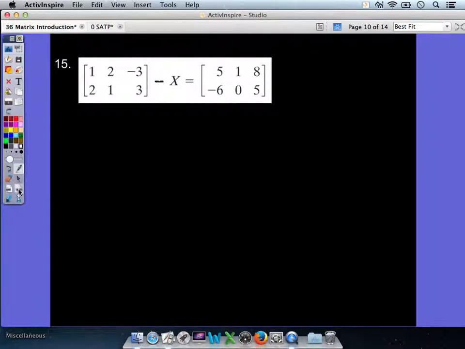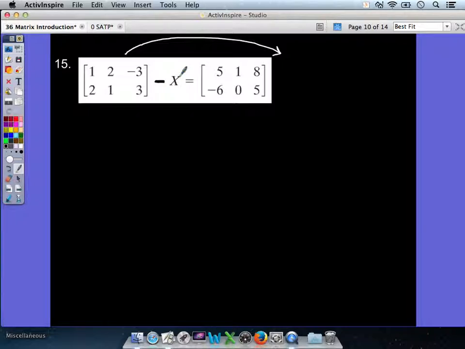Another one. Here we have a 2 by 3 on both sides. They're the same dimensions, but I have a subtracting x there, and that's going to offer just a little bit of a challenge. I still need to take this matrix to the other side. Don't let this subtraction throw you off.